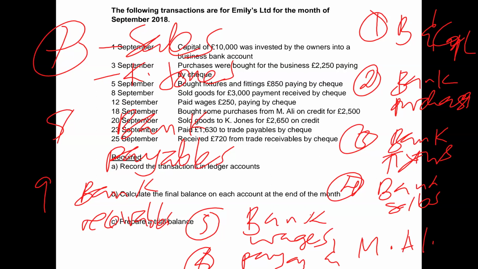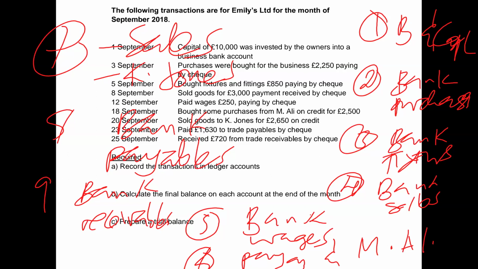Is it what you recorded? You're debiting it by capital. You purchased for the business paying by check. So our bank account now is doing what? Is being credited. Yeah, where the purchases account is being debited.